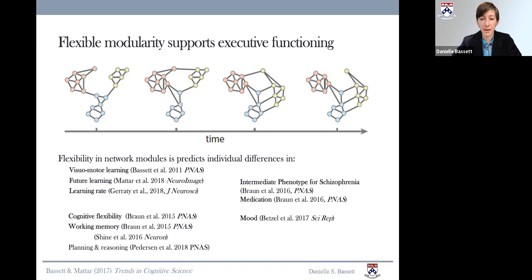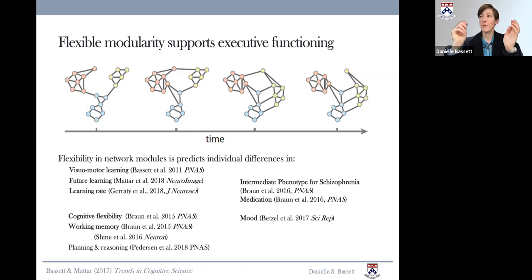So this is, I think, really an exciting direction for the field, which is to ask questions about how, not just whether the brain is modular, but how it's modular. And the answer is it's flexibly modular.